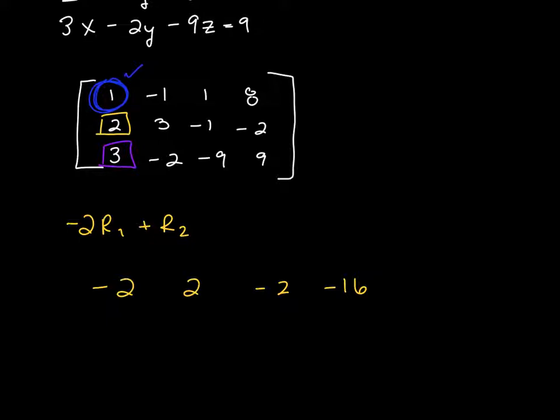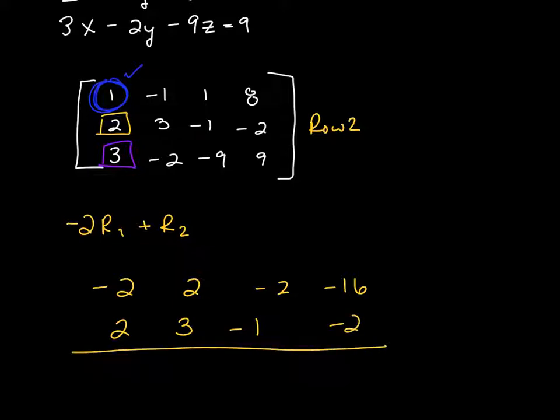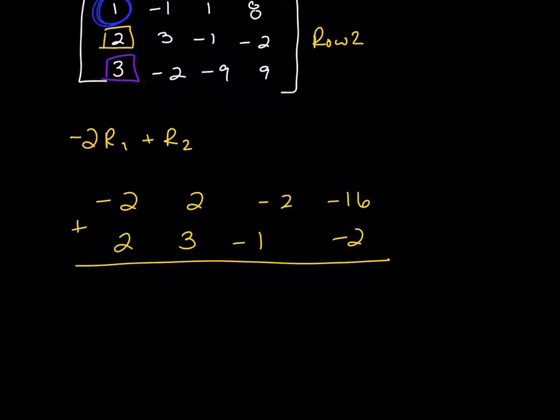I use the existing row 2, which is 2, 3, -1, and -2. When I add those two pieces together, I go ahead and get 0, 5, -3, -18. I'm going to replace what I had with row 2, and this will now be my new row 2.